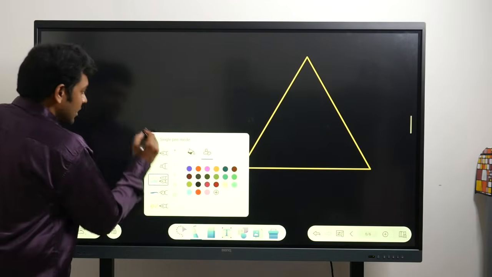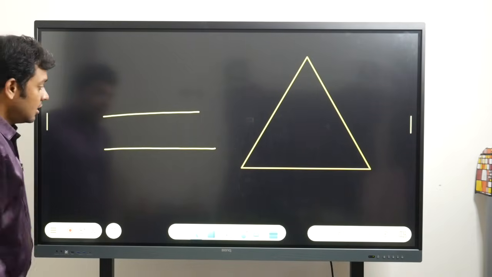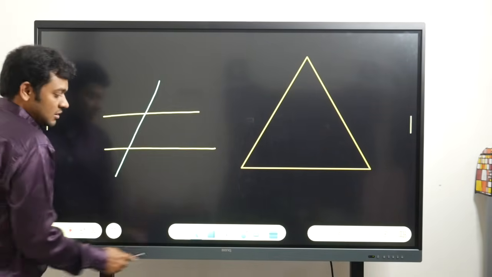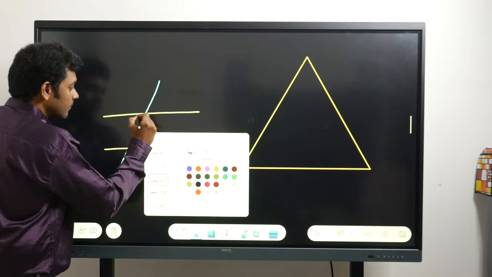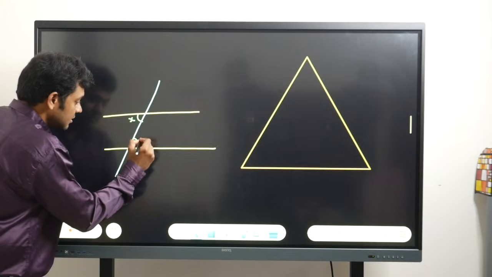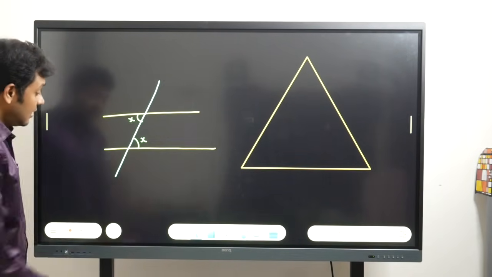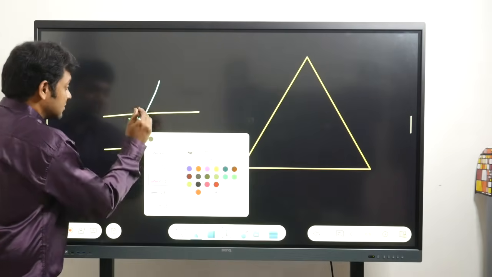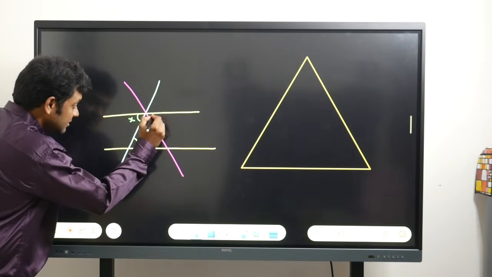Why is it 180? Let's consider two parallel lines like this, intersected by a transversal. Now we know these two angles are equal. So if this angle is x, this angle is also x. Now let me consider another transversal like this. In this transversal, can I say these two angles are equal?